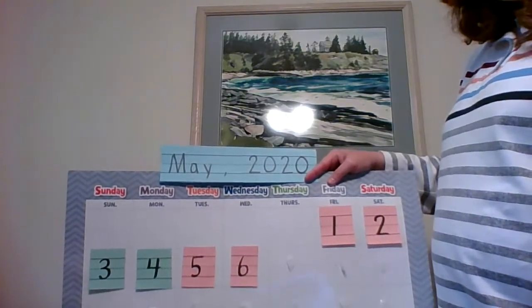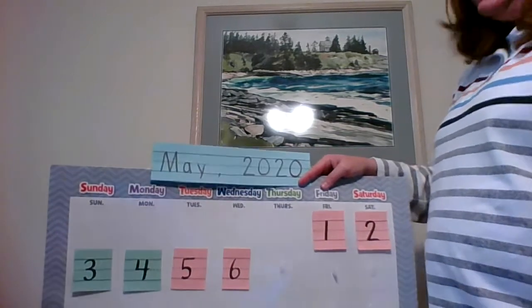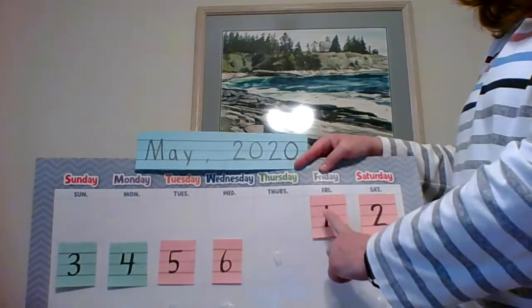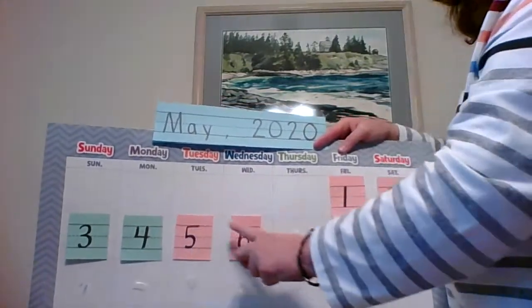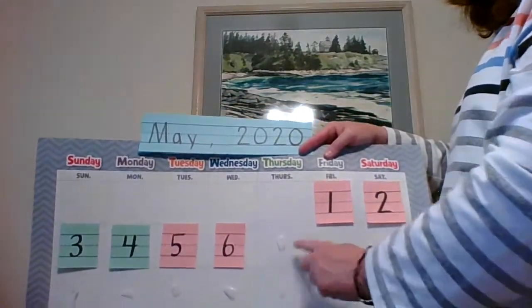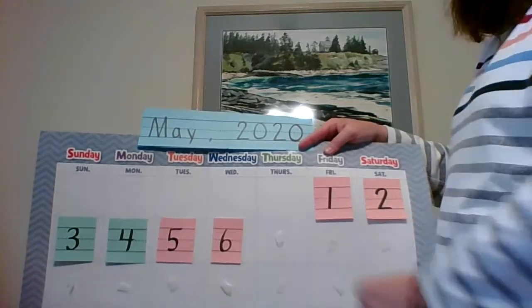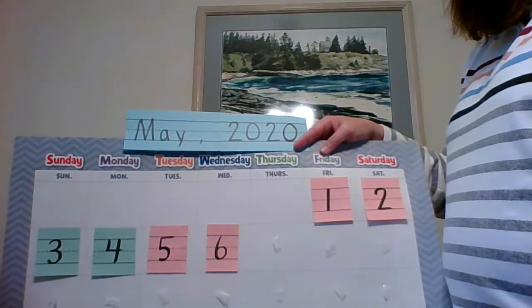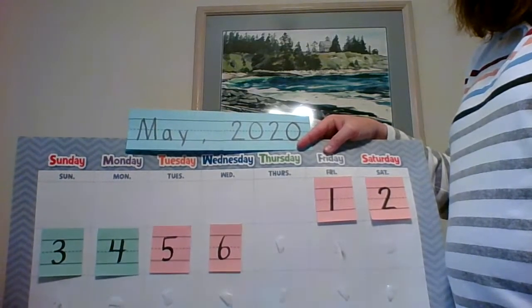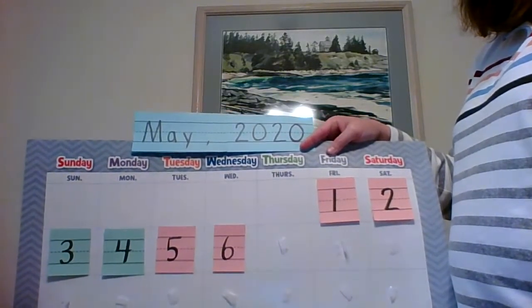But I think we might be able to figure out what's coming. Say it with me. Pink, pink, green, green, pink, pink. What do you think's coming next? Who can make a prediction? Remember, a prediction is just using knowledge that you know to try to figure something out, sort of like a guess.